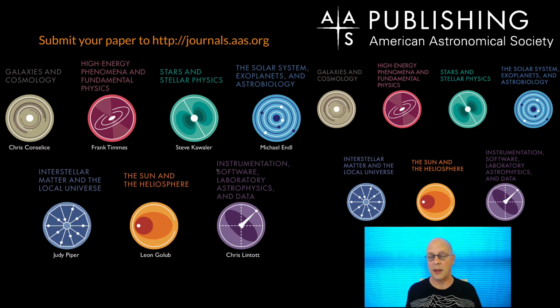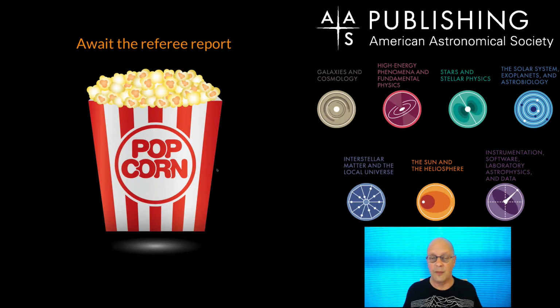These are basically the same corridors as the IAU, International Astronomical Union. The lead editor will then assign it to a scientific editor, which could be the lead editor himself or herself, and away it goes into the peer review. You, as an author, get to wait a little bit while the process begins to play out.